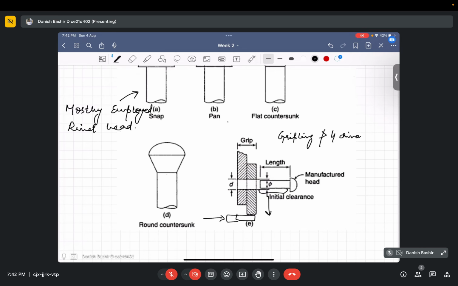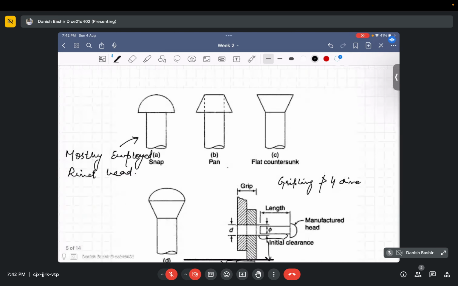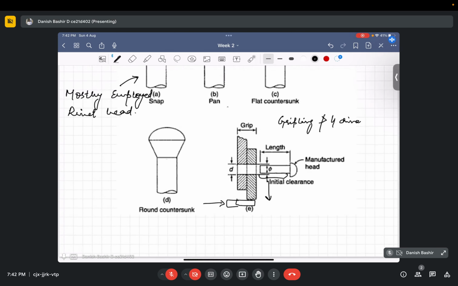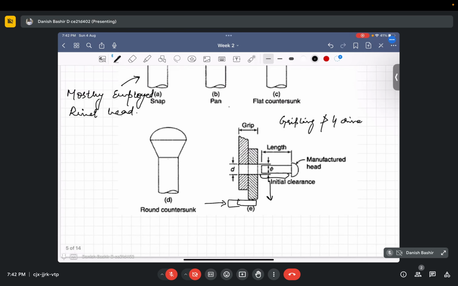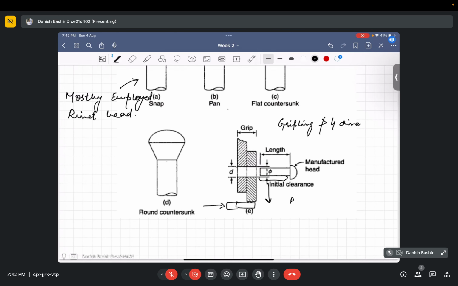And I already told you the head on the other side can be formed by hand hammering when the rivet is red hot, or by hydraulic pressure driving or pneumatic pressure driving. Okay, so how are the heads formed on the other side? I can write rivet heading. So how is this to be done?